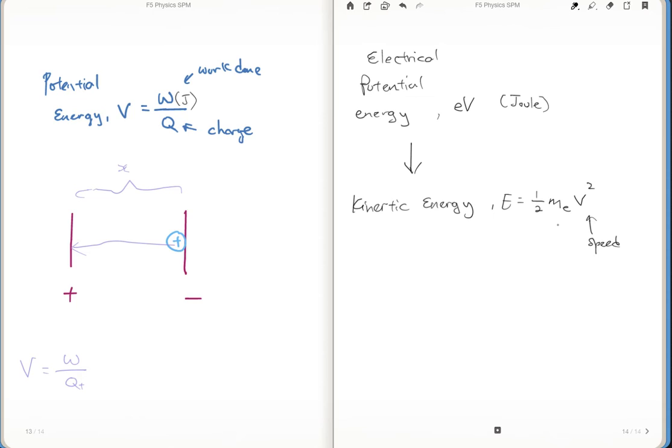which is 9.11. Okay, just in case you don't know how, you go to constant, you press 0.3, and you should get this value reading. m_e would be 9.11 times 10 to the power of minus 31 kg.